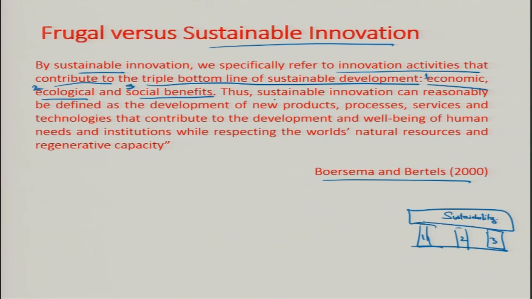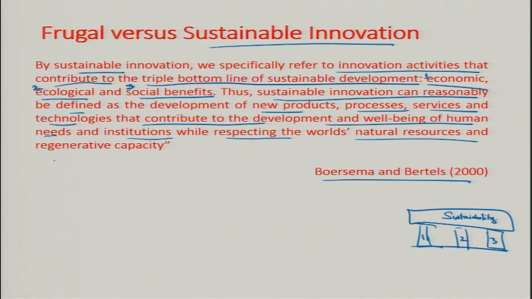Thus, sustainable innovation can reasonably be defined as the development of new products, processes, services or technologies that contribute to the well-being of human needs and institutions while respecting the world's natural resources and regenerative capacity. We have talked about sustainable innovation or sustainability before. How frugal is sustainable?